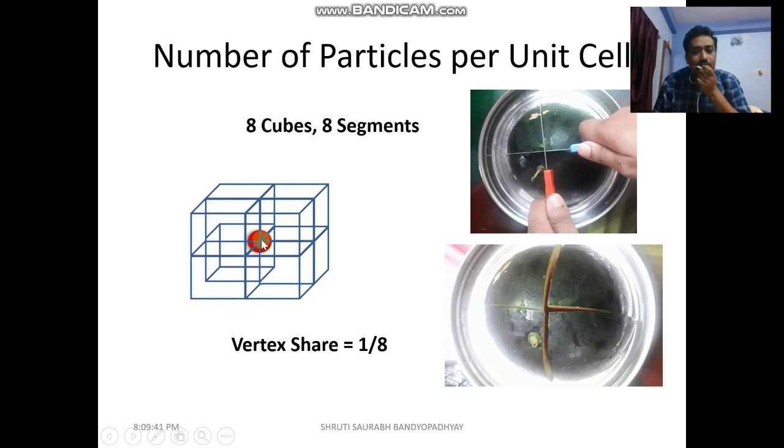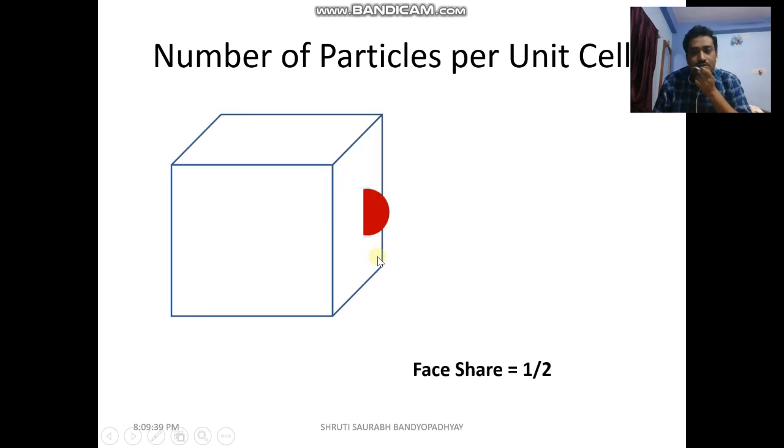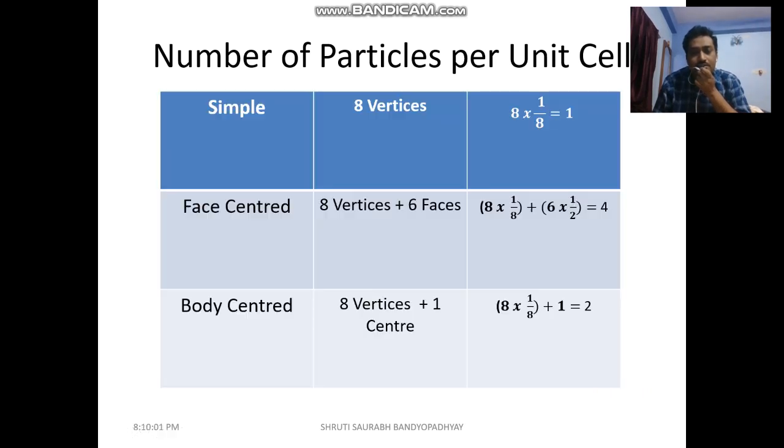We have shown the segmentation of the 7th particle here. Since there are 8 vertices, the total number of particles in one unit cell of a simple cubic lattice will be 8 into 1 by 8, that is equal to 1.